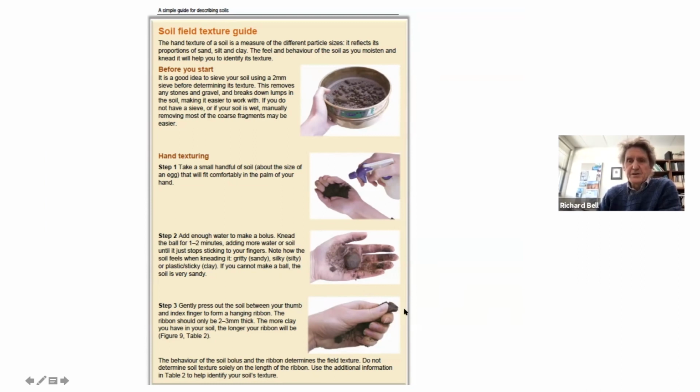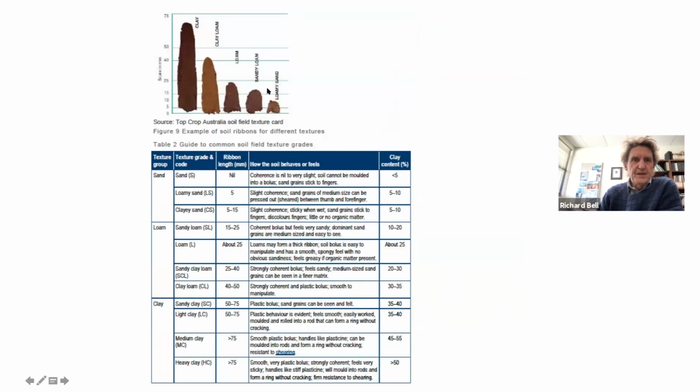The length of that ribbon is determined by the organic matter and particularly the clay content. So that ribbon, the length of that ribbon, as shown in this next slide, can be used as an indicator of the amount of clay and therefore the texture class in the soil.